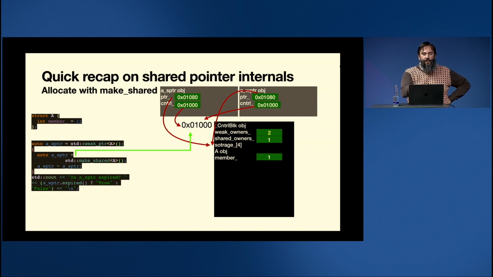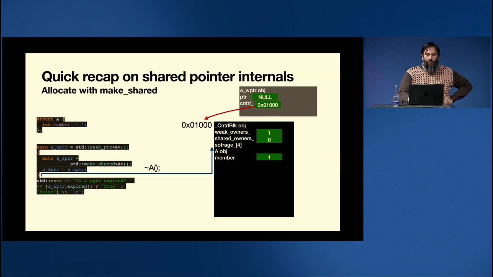We have two shared pointers, both having access to the object. They increment the count, and in this case, the second one is actually a weak pointer. So you see that the shared count has increased, and the weak count has increased for the weak pointer.